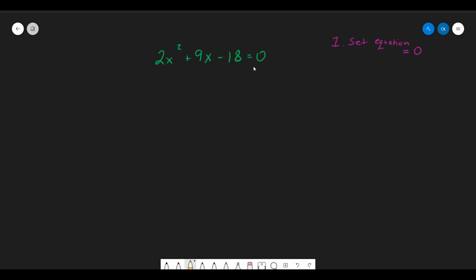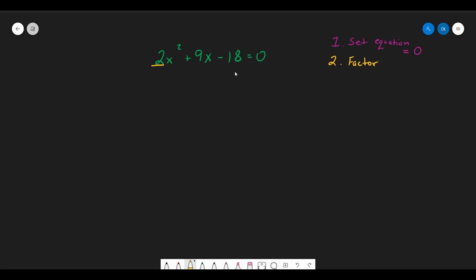Step 2 is then to factor. So I'm going to take this side and factor it. The first thing I should notice here is 2, 9, and 18 don't have a GCF. They have a coefficient in front of the x squared. So this has to be factored in our new way that we were talking about yesterday.